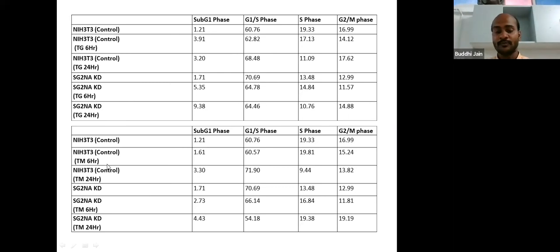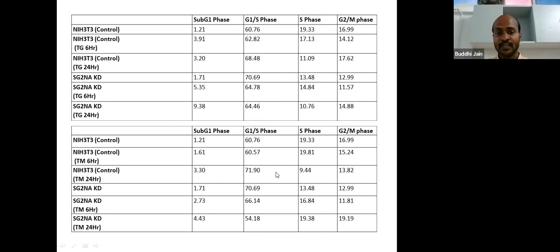Similar results were obtained for the tunicamycin also, like at the 24-hour of the treatment in the SG20 knockdown cells, the cells are more in the sub-G1 phase or the pro-apoptotic phase. And also one more observation there, compared to the control cells, SG20 knockdown cells upon thapsigargin treatment, the cells are less in G1 phase compared to the control cells.